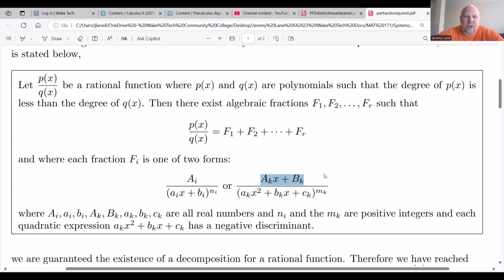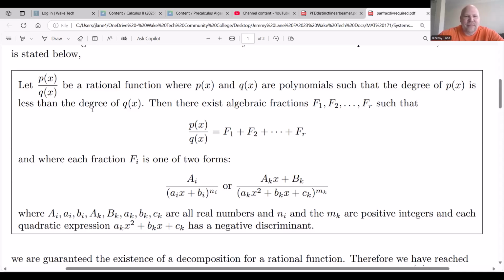So if you have a rational function with real coefficient polynomials, then the statement down here that each quadratic expression has negative discriminant means in plain language that the roots to these quadratics are complex numbers. They are not real numbers, and therefore they are what we call irreducible quadratics.